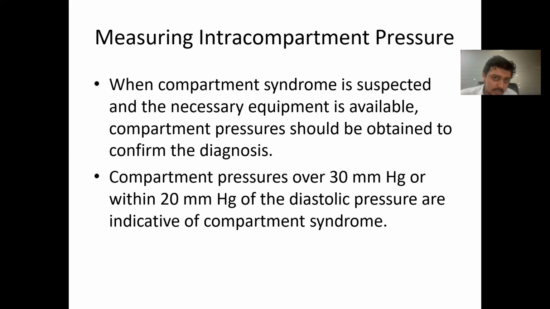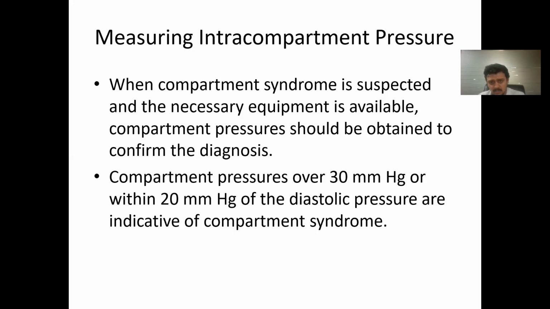Now, what are the methods to measure compartment pressure? When compartment syndrome is suspected and the necessary equipment is available in your hospital, compartment pressure should be obtained to confirm your clinical diagnosis. What is the criterion to say that this is compartment syndrome?